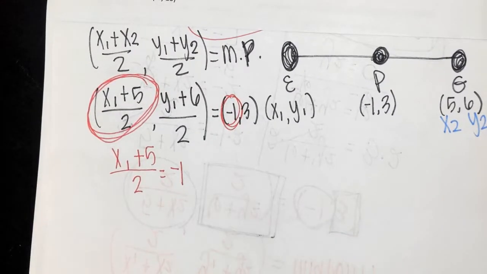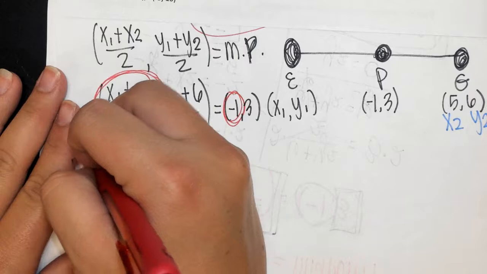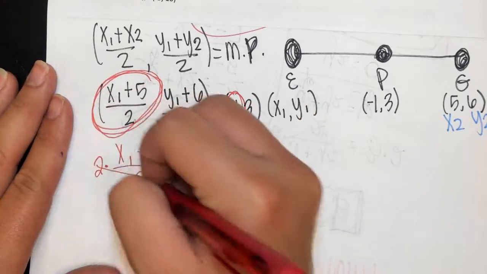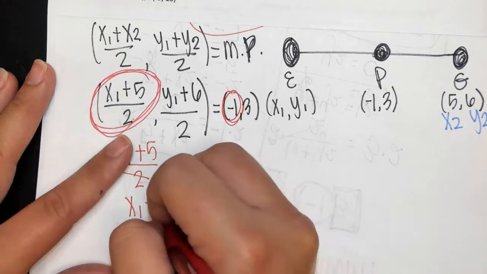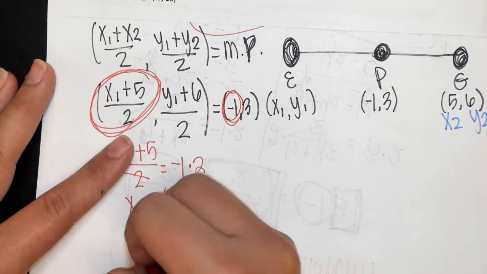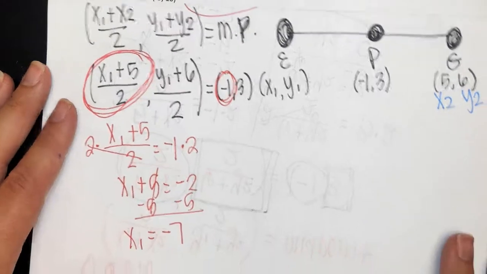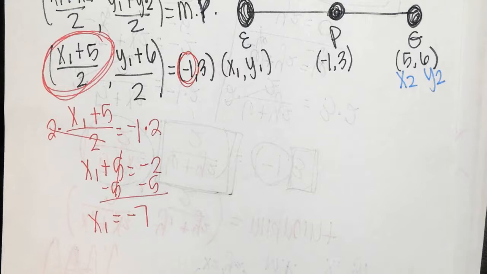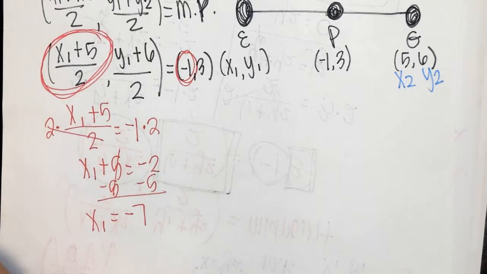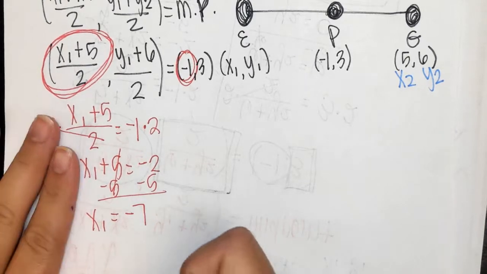Try to solve that. Just that one. So I get negative 7.